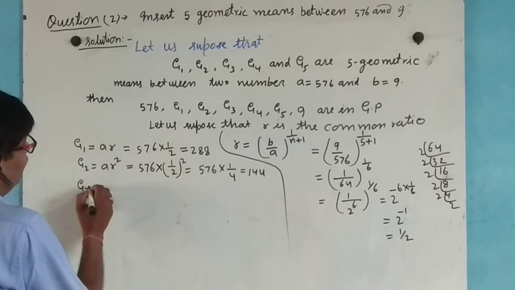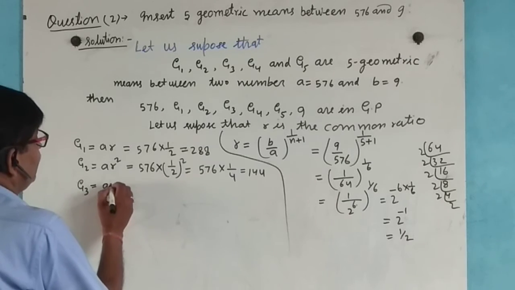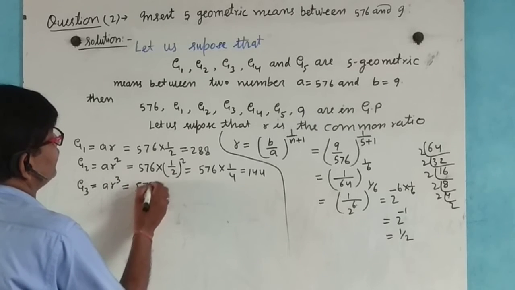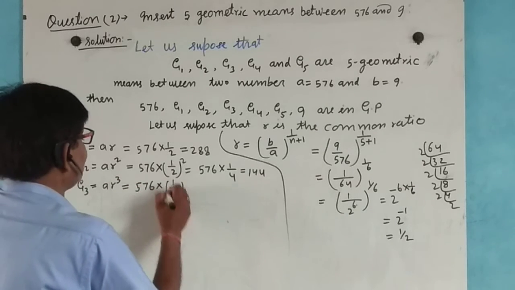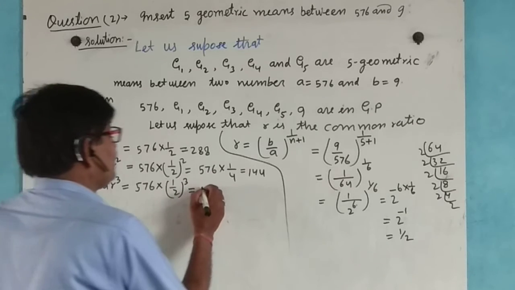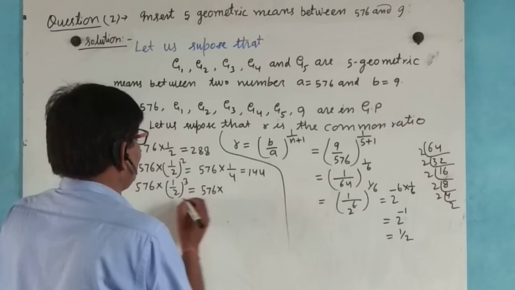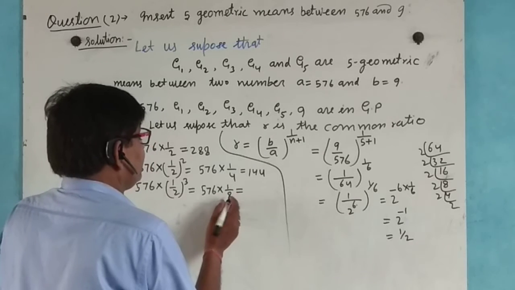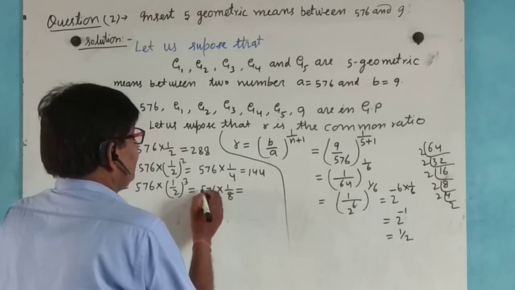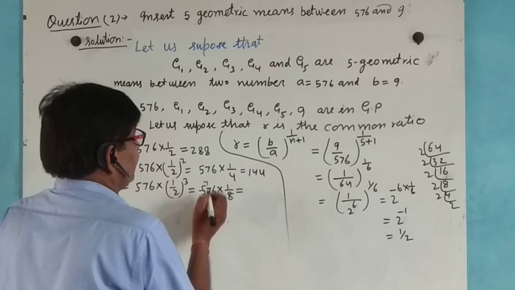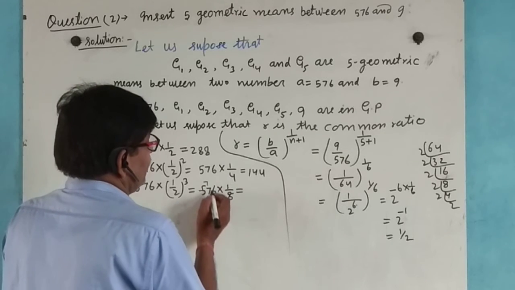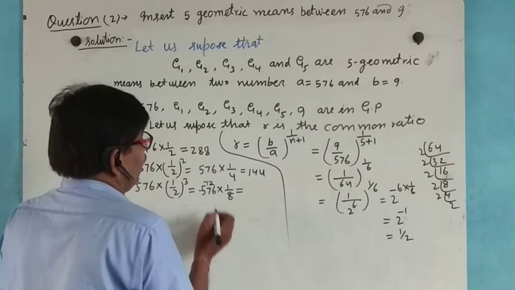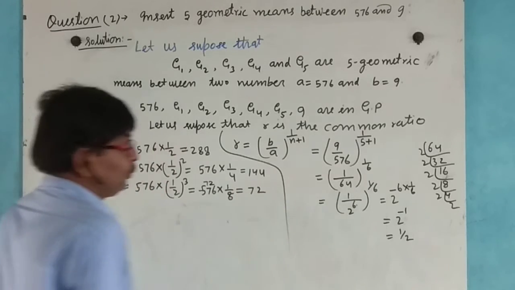G3, the third geometric mean, ar cube, that is 576 into 1 by 2 to the power 3, 576 into 1 by 8, that is 72.